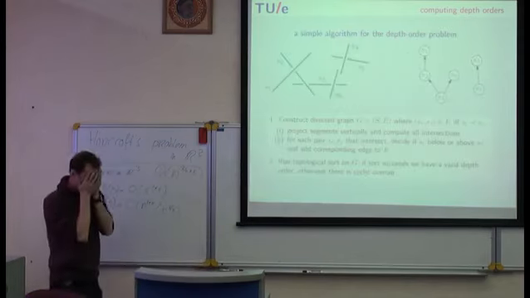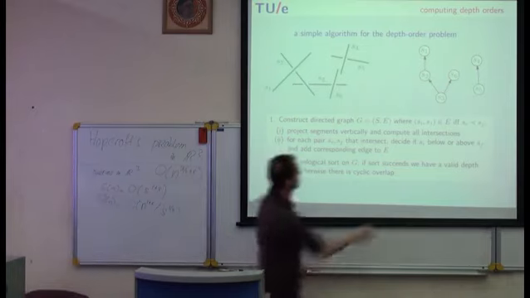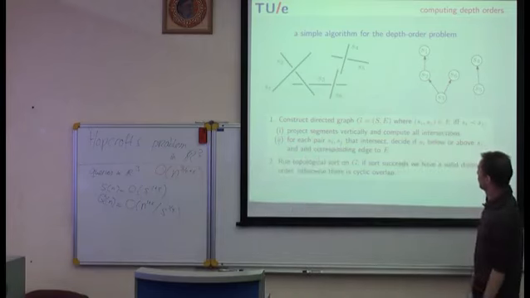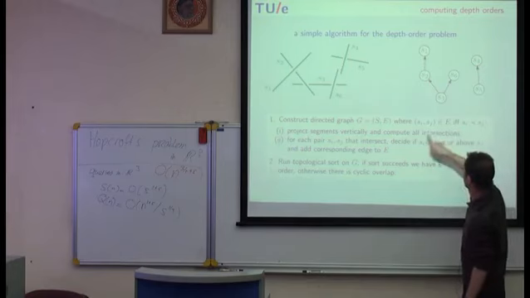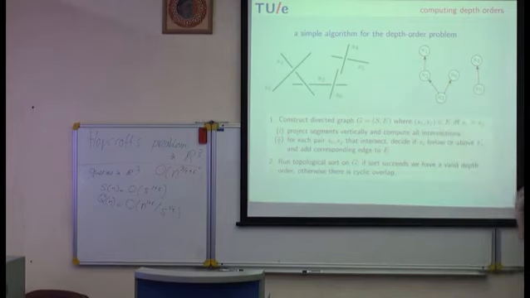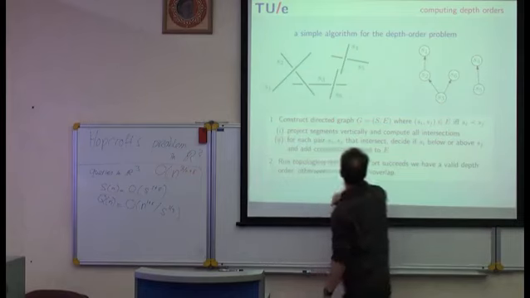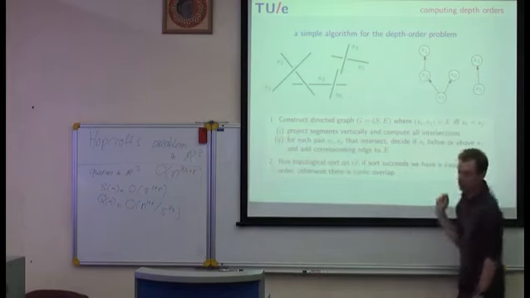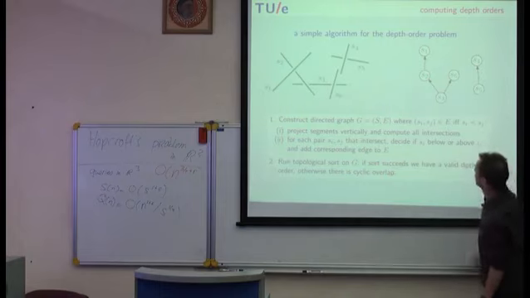Okay, so here's a simple way of doing it. I'm going to construct a graph which has a node for every segment, and I'm going to put an arc from Si to Sj, so it's a directed graph, if Si is behind Sj. So here, for instance, S2 is behind S1, so I have an arc from S2 to S1. And S5 is behind S4.